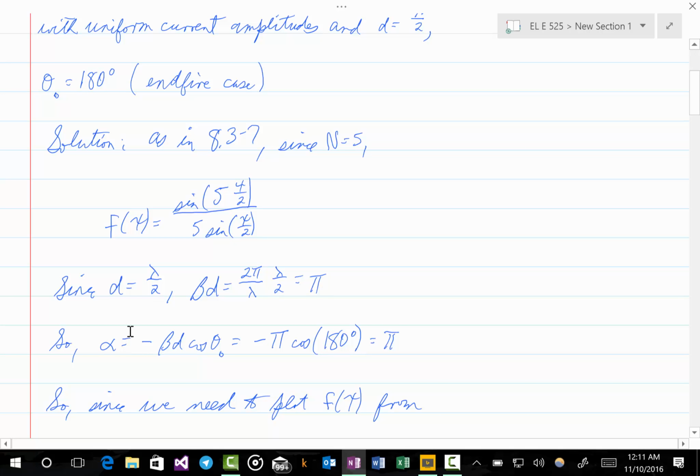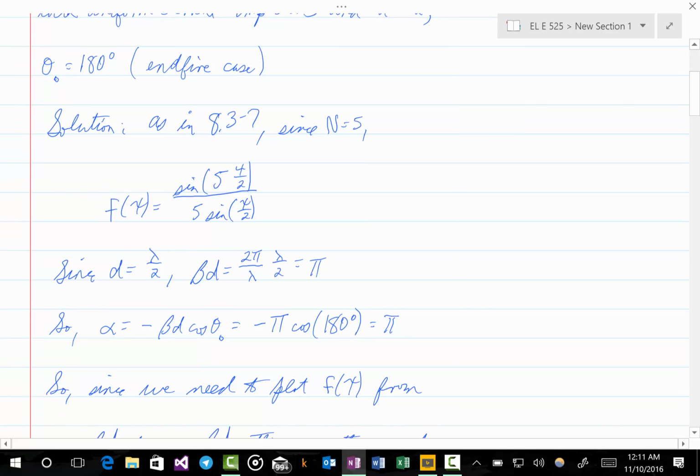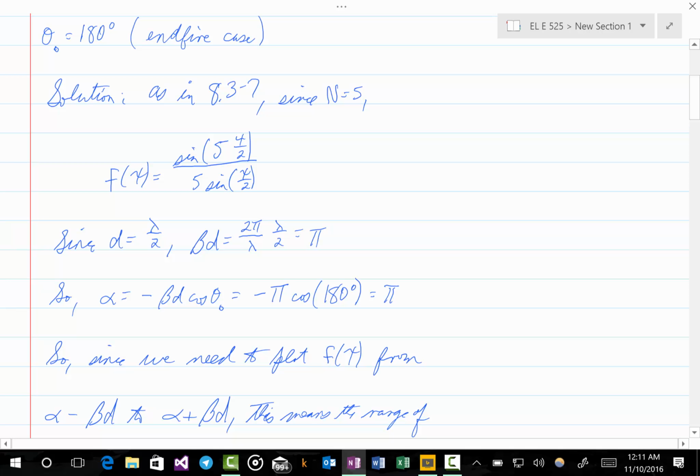Now, once we have beta d, then we can easily find alpha, because alpha is equal to minus beta d cosine theta naught, and so that's minus pi times the cosine of 180 degrees, or positive pi. So again, now we have alpha is equal to pi, and beta d is equal to pi.